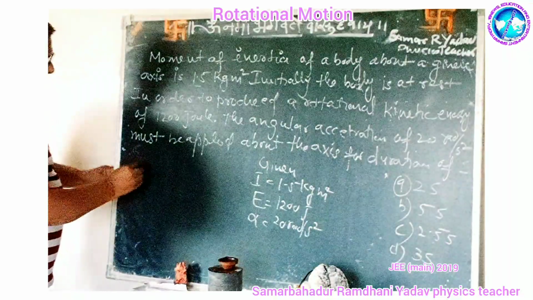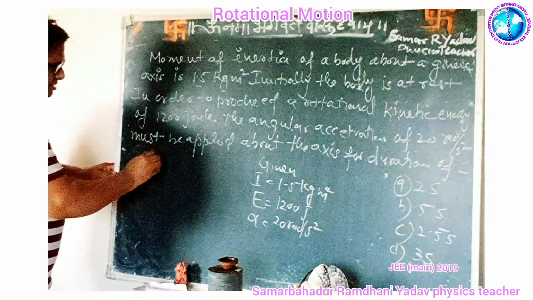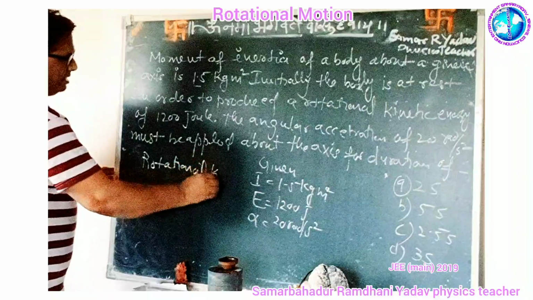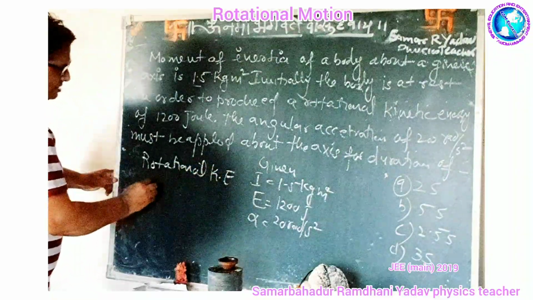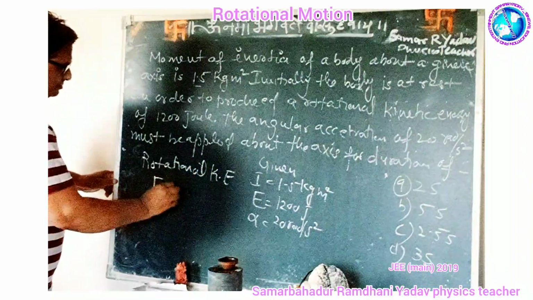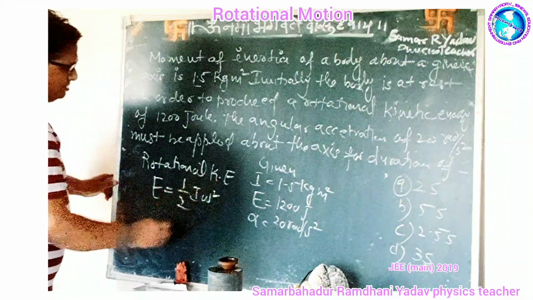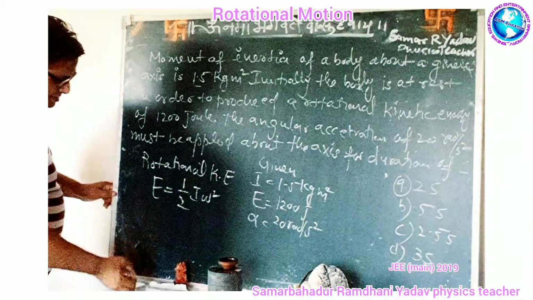Now we know that rotational kinetic energy E is equal to 1/2 I omega square.